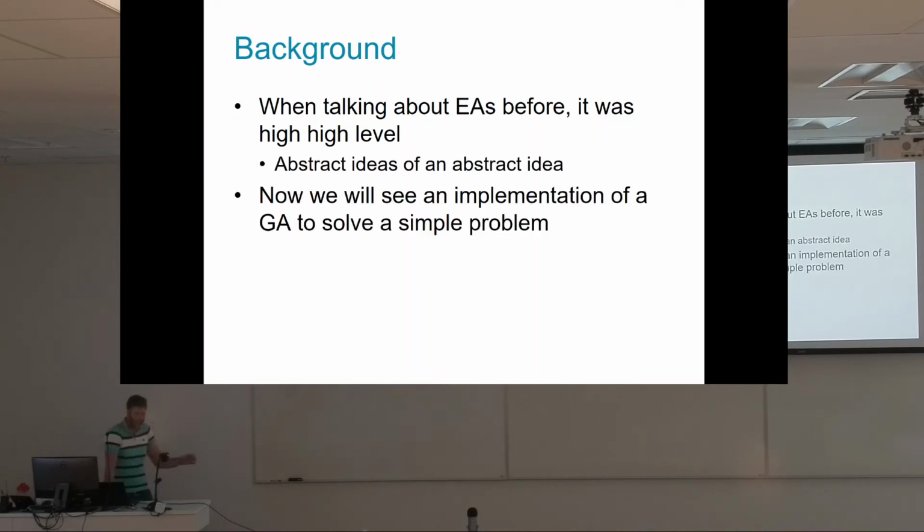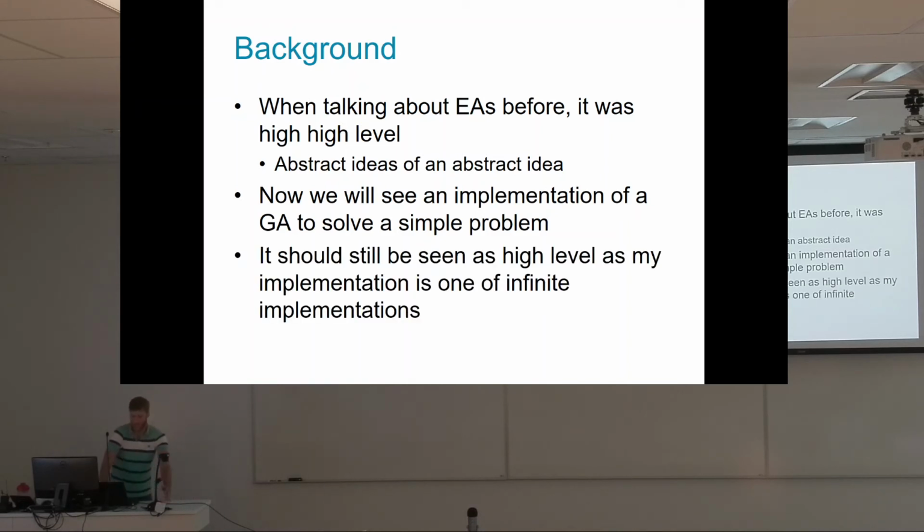Now we're going to start talking about specific implementations to solve specific problems. It's still high level though, because there are all these different things you can do to modify. That's one of the things I love about evolutionary algorithms: even once you get to the specific thing, like, this is a GA, you can do whatever you want to see what your changes do to how good it is.